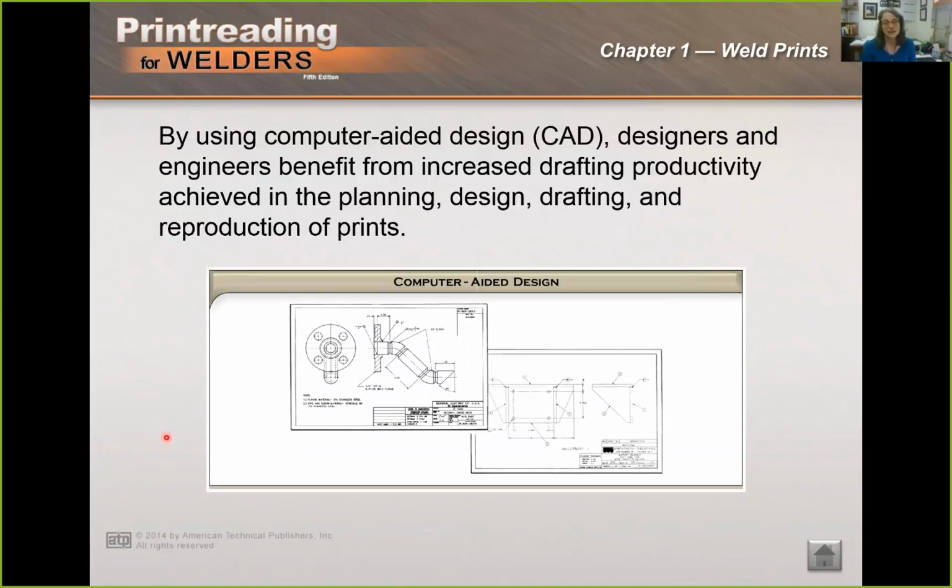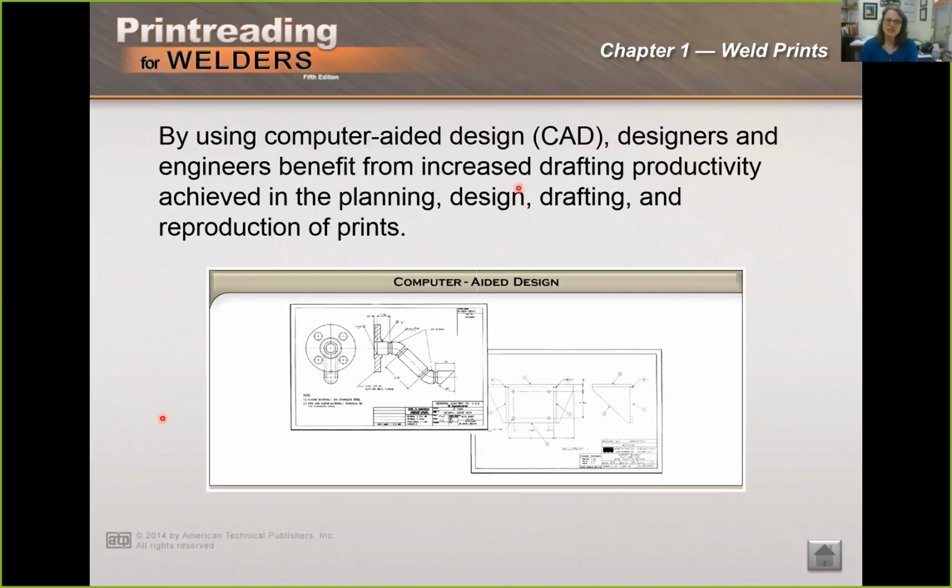AutoCAD by Autodesk is one of the most frequently found. SolidWorks is coming into its own, becoming more popular, although SolidWorks is mostly thought of as a three-dimensional program. It can do two-dimensional work as well. AutoCAD can also do both two-dimensional and three-dimensional, but AutoCAD started as two-dimensional and moved into three-dimensional. So they both have their strengths.